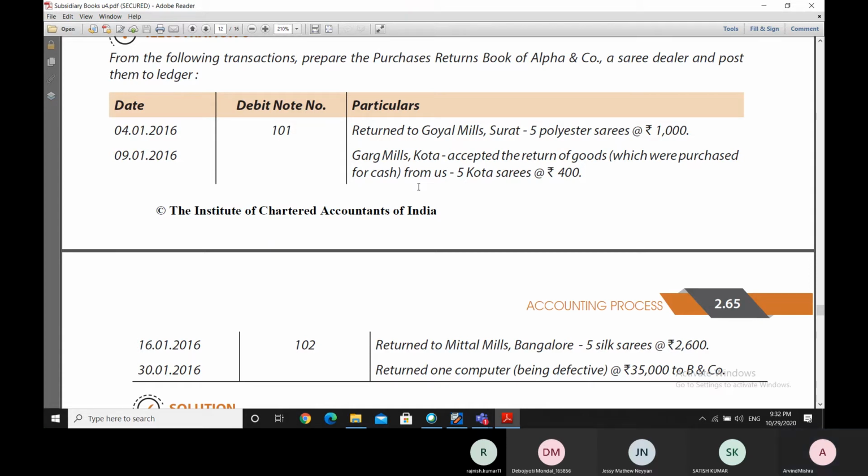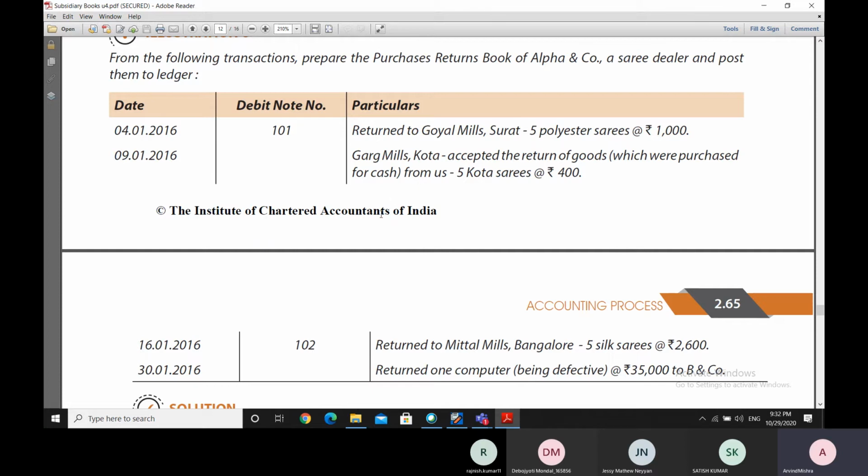and on 9th of January, Garg Mills has accepted the return of the goods which were purchased for cash from us. So we have purchased something from Garg Mills and we returned those goods to Garg Mills, and Garg Mills has accepted the return of the goods on 9th of January.